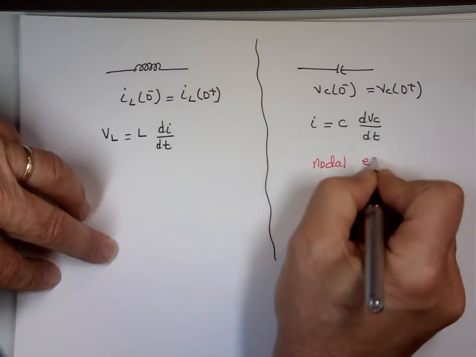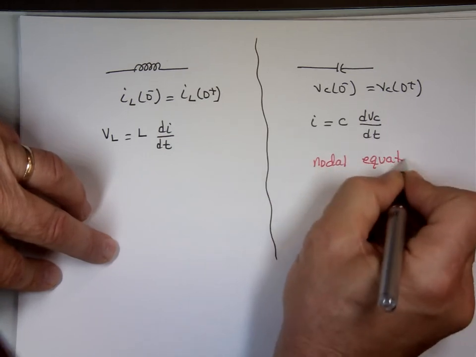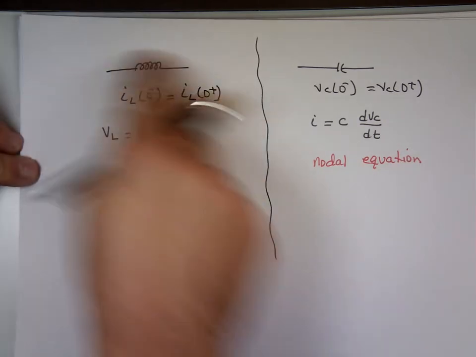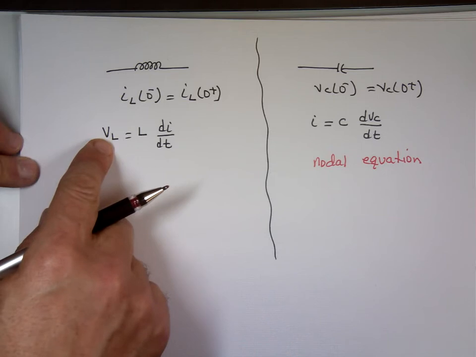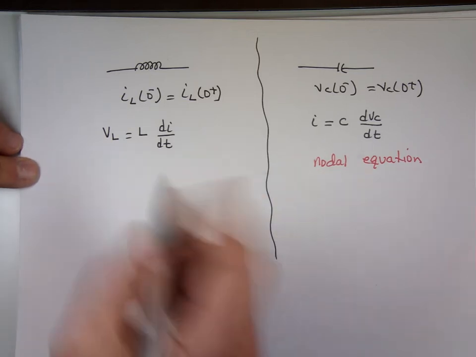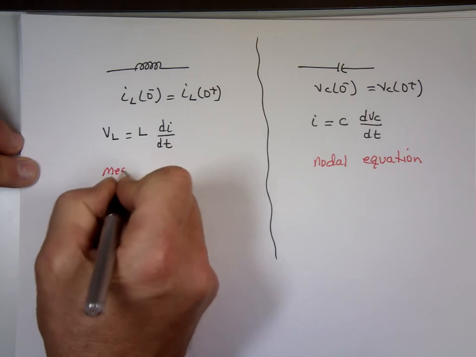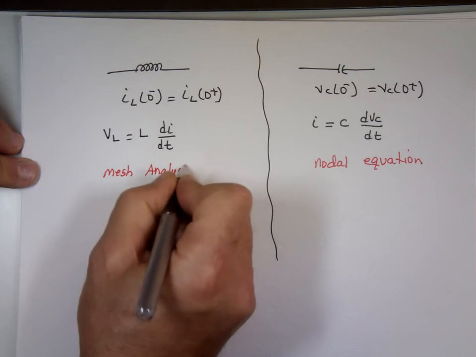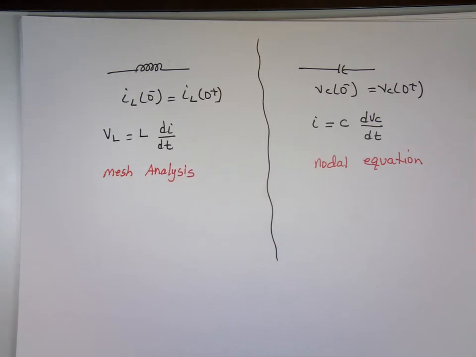I use nodal equations for them because I'm looking for the current. When I have an inductor, I'm looking for the voltage. So what am I going to use? It's not going to be nodal analysis. What's going to be? Mesh. That's how I try to tackle the problem, because of these things.